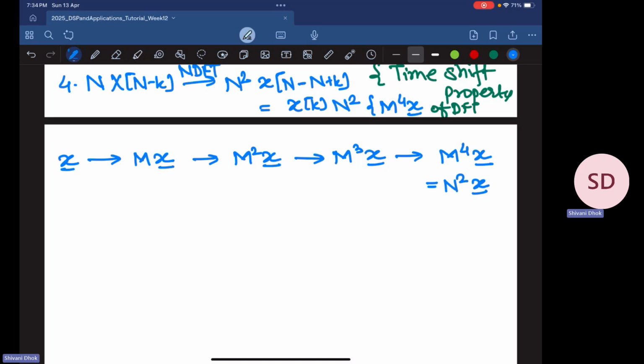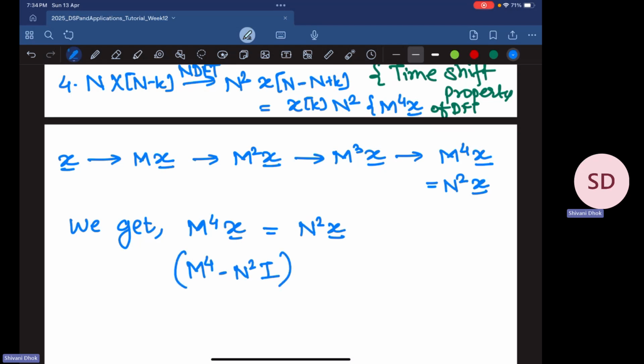Now if I equate these two, what do I get? We get m to the power 4 x is equal to n square x. I can take both on this side. So we have m to the power 4 minus n square times the identity matrix, into x, is equal to 0.